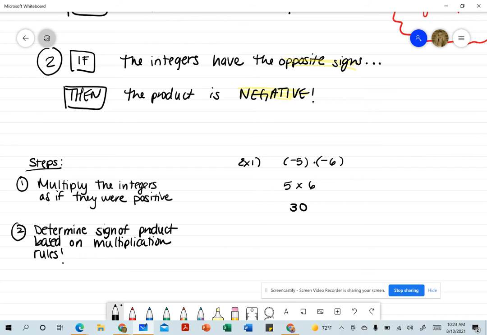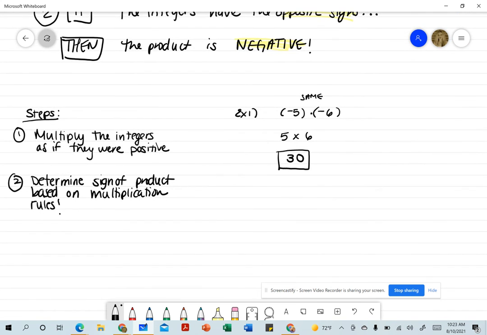Last thing I do is, is it positive 30 or negative 30? Well, I look. They were both negative, so instantly I see they're the same sign. If they're the same sign, that means my answer's positive 30. I leave it as positive 30. And that's it.